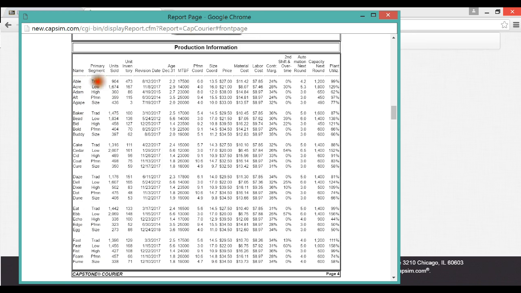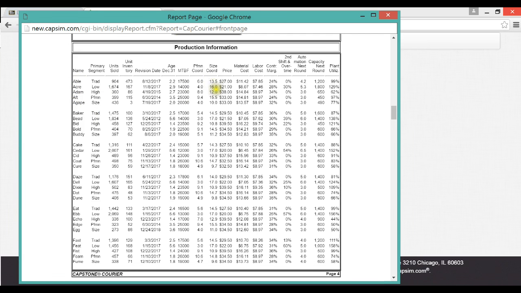So here's each of the segments: traditional, low, high, performance, and size. And again, everything that starts with A is your company. And then it gives you information regarding each of those segments. And you can use that to determine what you need to do better in the next round and where you are in comparison to your competitors.